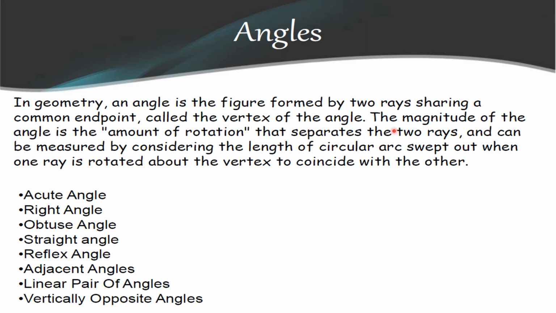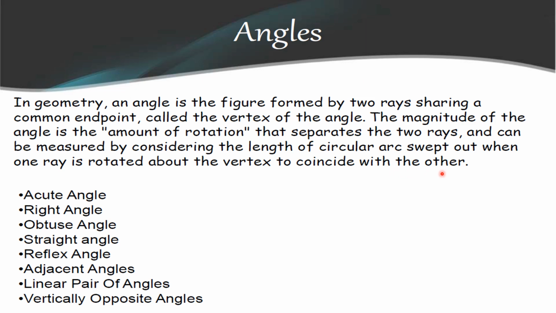The magnitude of the angle is the amount of rotation that separates the two rays. Okay, my dear children, the amount of rotation is said to be an angle and can be measured by considering the length of the circular arc swept out when one ray is rotated about the vertex to coincide with the other.